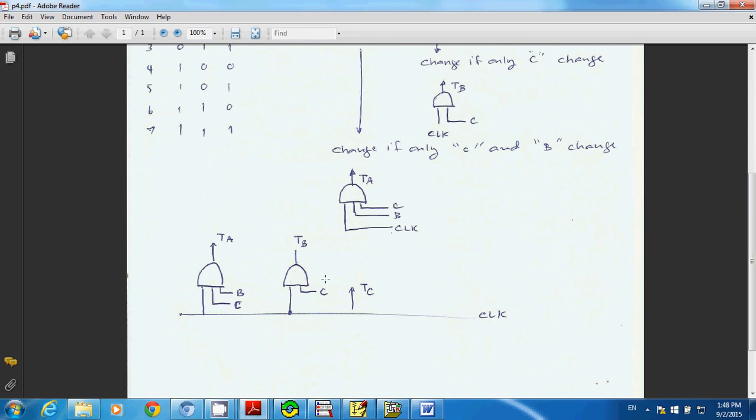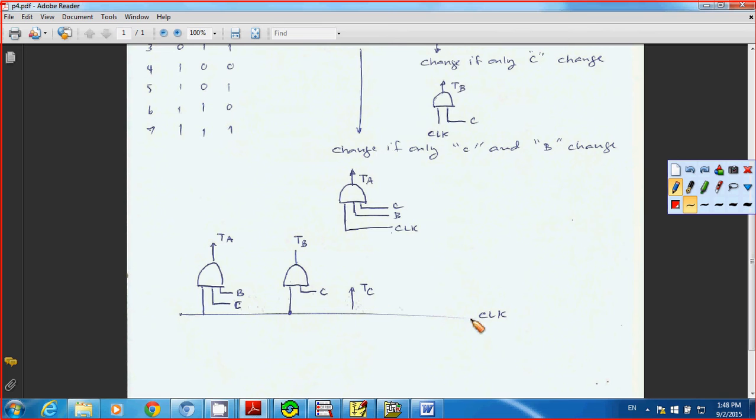Okay, when the clock coming in, you simply input the clock to TC, it's going to be just like the clock, but for your TB to input to B flip-flop, you need output from C. If C doesn't change, it means you don't have TB. The same concept for TA. If TB doesn't change, you don't have TA.